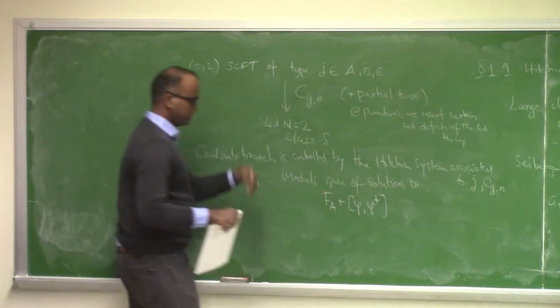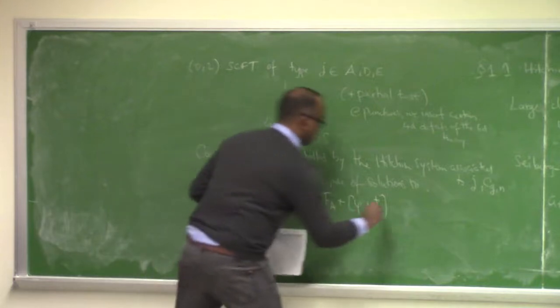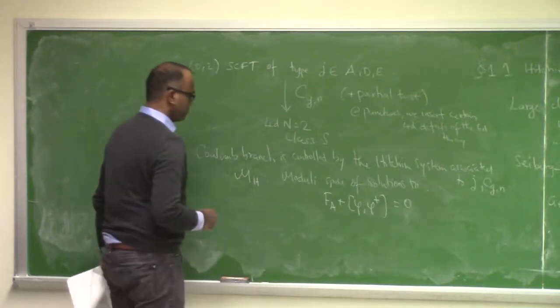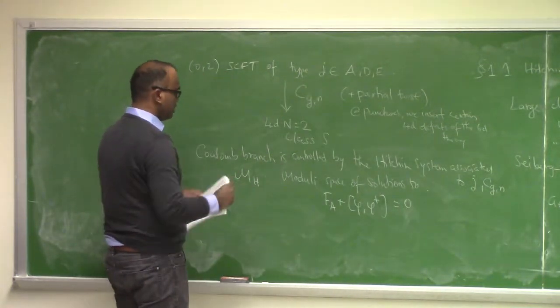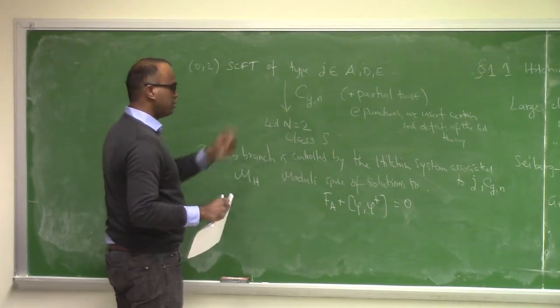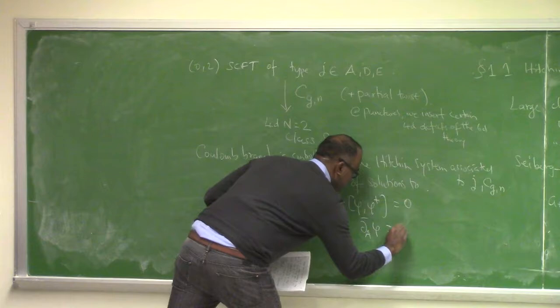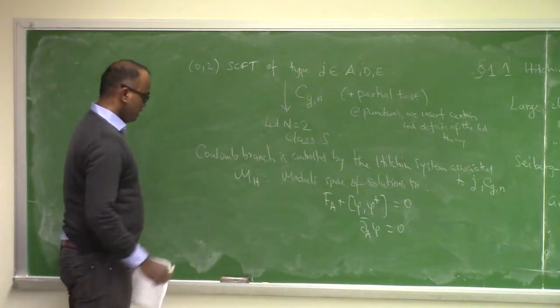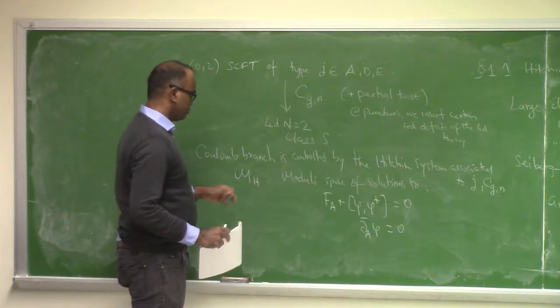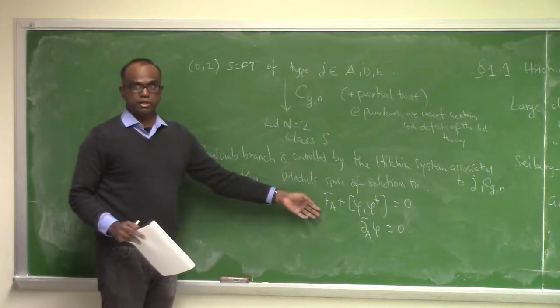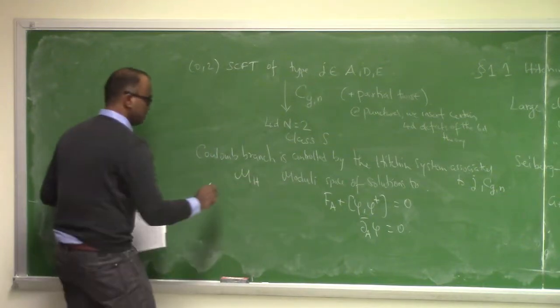But for the present purposes, just take it for granted as the equations that are relevant for describing the Coulomb branch of these theories. So you have the following PDE. It is a non-trivial observation of Hitchin that this moduli space is hyperkähler.